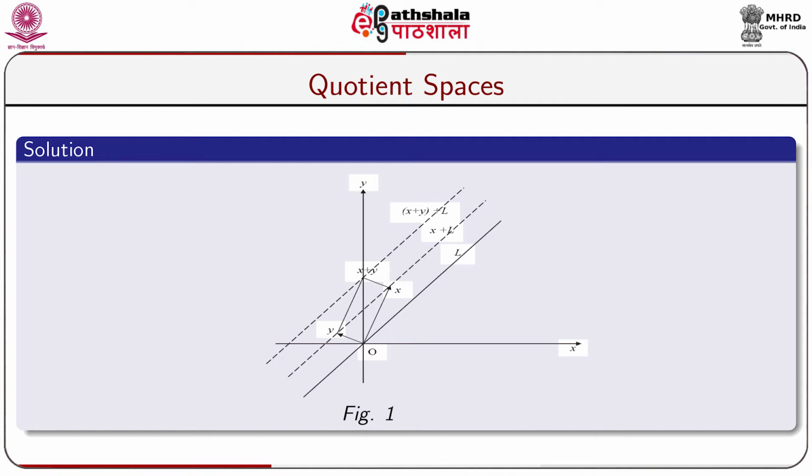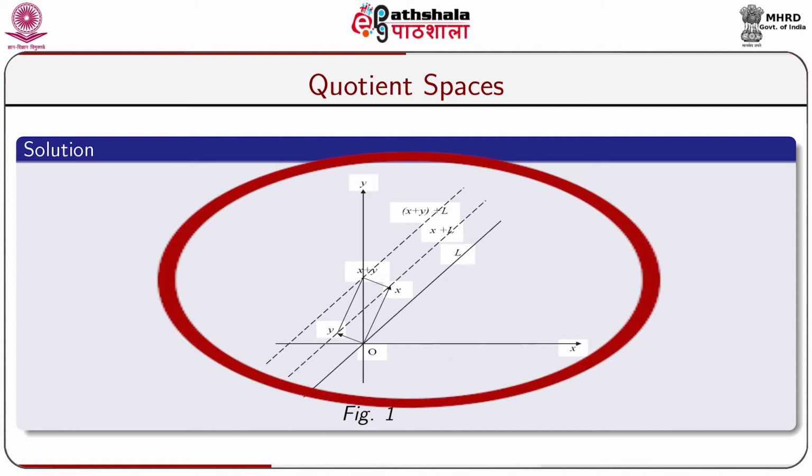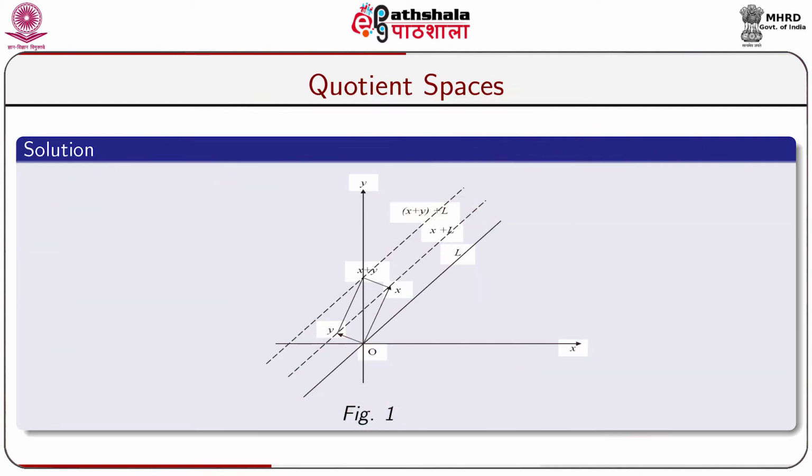Now, let us take any point x, and the line passing through x and parallel to the straight line L is designated by x plus L. And let us take another point y, and a line drawn passing through y and parallel to L is also designated as y plus L. Thus, we see that x plus L and y plus L are two straight lines passing through x and y and parallel to capital L. Now, by the parallelogram law, the diagonal is x plus y.